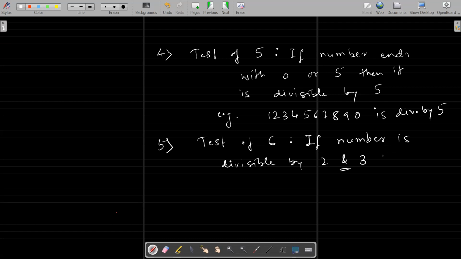Then it is divisible by 6. In other words, it should be even, which means it's divisible by 2, and the sum of digits is divisible by 3.